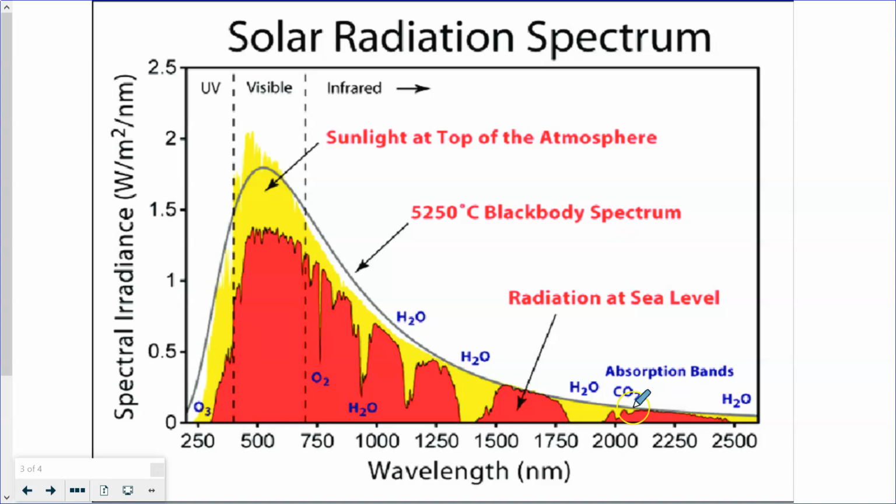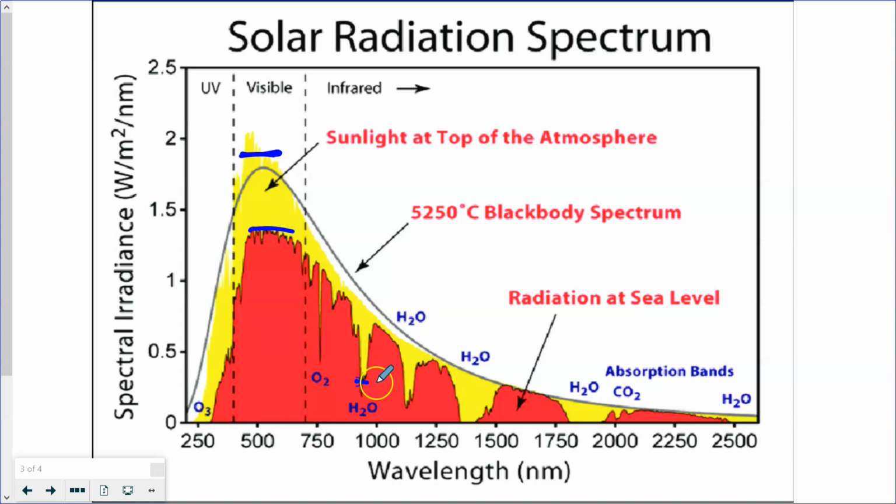Carbon dioxide just has one on this graph. There are others. You'll notice there's a small peak for O2, but not very much. And over here in the UV range, we have our O3, because we know ozone can absorb in the UV spectrum here. So the purpose of this graph is really just to show you that not all of the energy that hits the top of the atmosphere makes it to the surface.